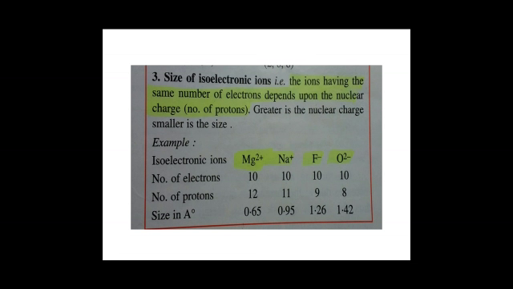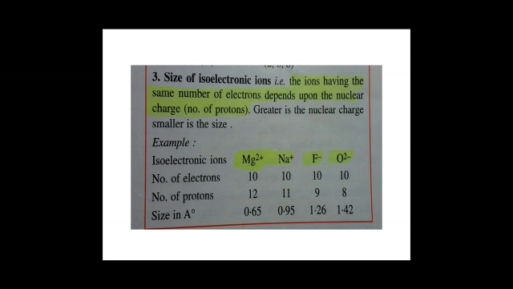What about Na+? Sodium's atomic number is 11, so Na+ has 11 protons, but the electrons will be 10 as it lost 1 electron. Next, fluoride ion. The atomic number of fluorine is 9, so fluoride ion has 9 protons, but as it gained 1 electron, it has 10 electrons.